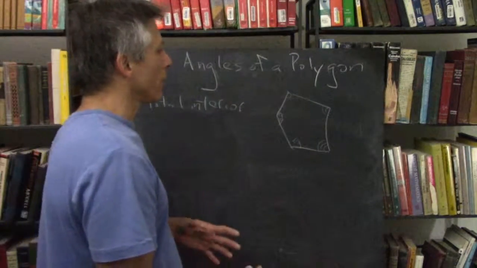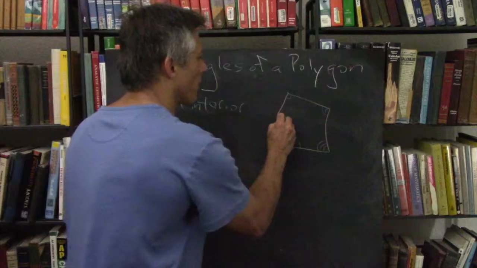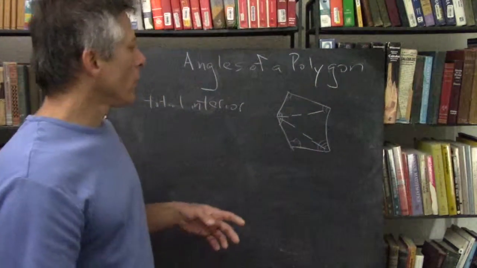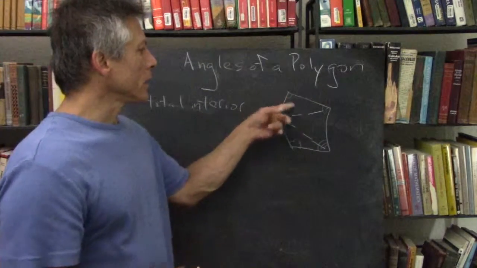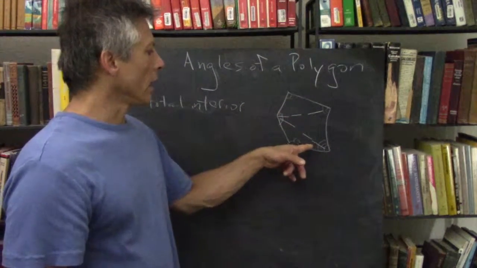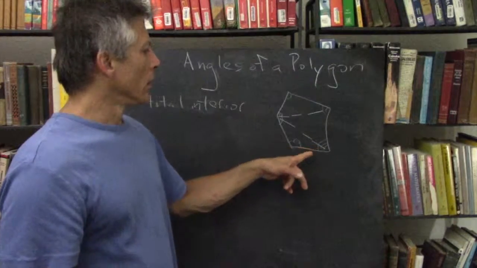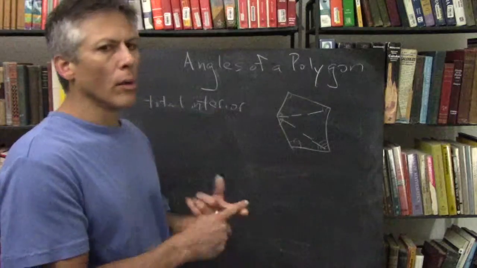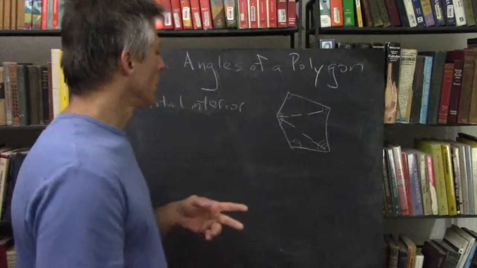And if we divide the figure up into triangles, we've got, in each triangle, a whole angle or part of an angle. But notice that they all add up to the total in the polygon. No more and no less.